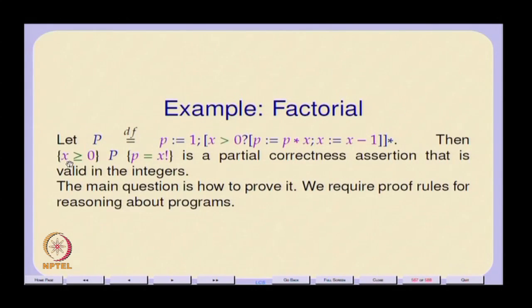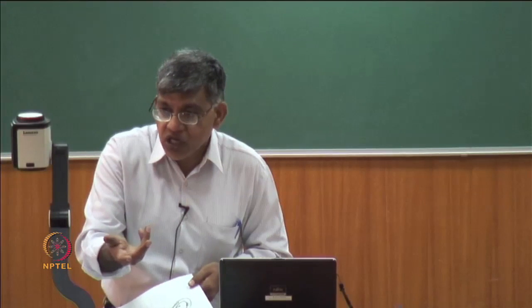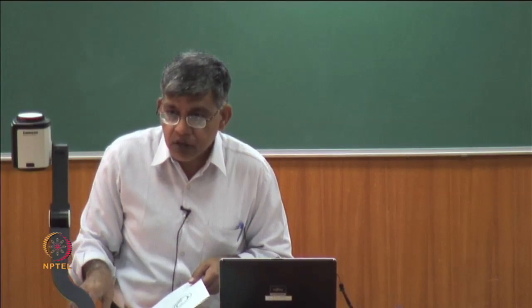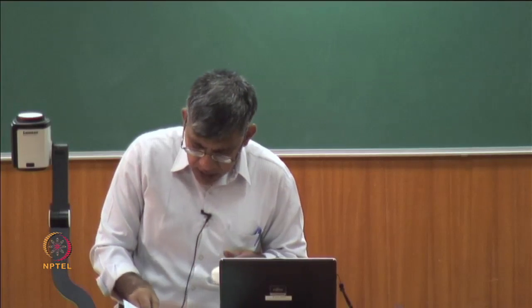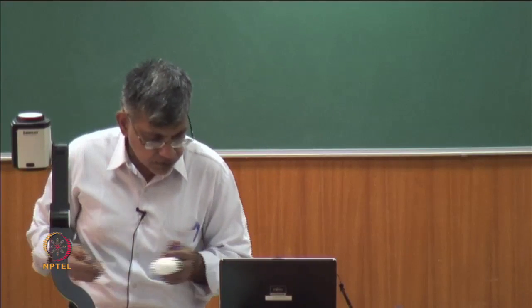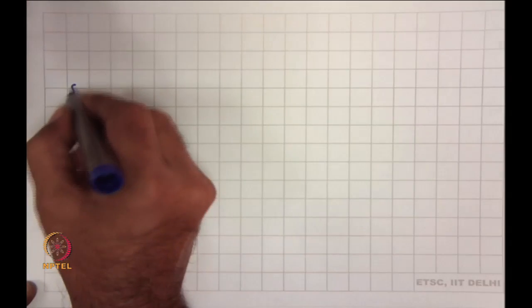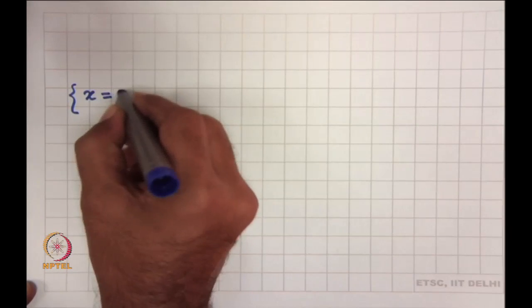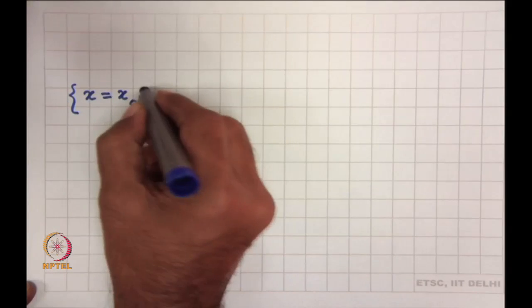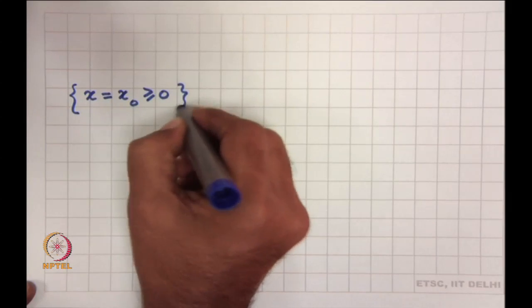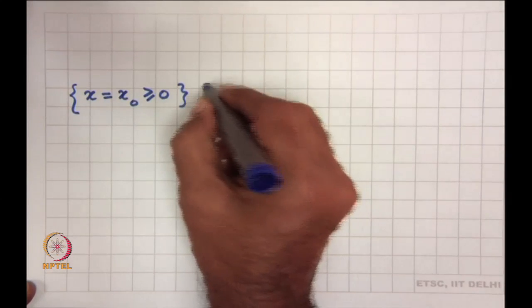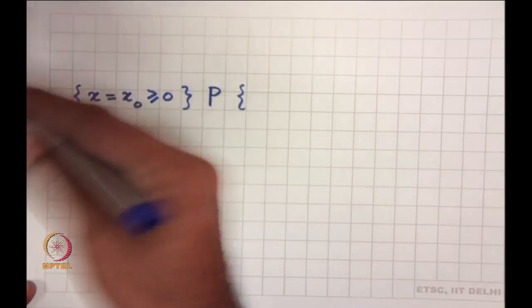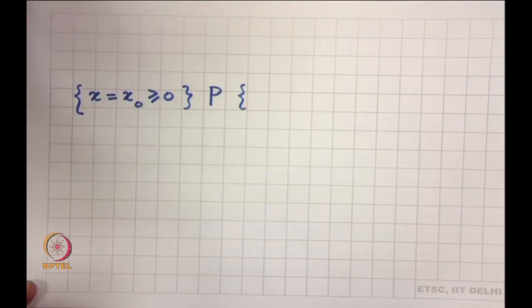Actually, I should change this. Unfortunately, in the case of programming, since valuations change and variable values get updated, we should actually state this partial correctness assertion in this fashion. There is an initial value of x. So, x equals x naught greater than or equal to 0, and of course, I am assuming integers, so there is an implicit assumption in there.